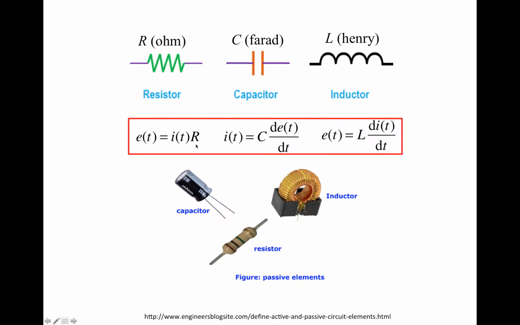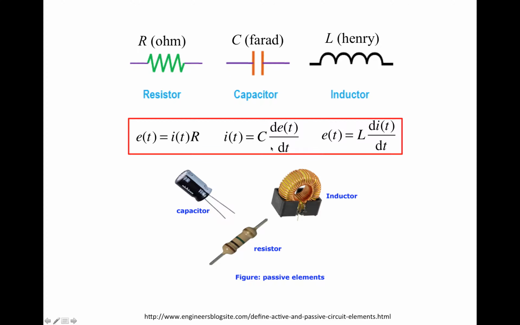And then for the capacitor, the situation is quite different. The equation is telling us the current flowing through it is proportional to the rate of change of the voltage across it, with the constant of proportionality given by the capacitance C. And for the inductor, it's the other way around.